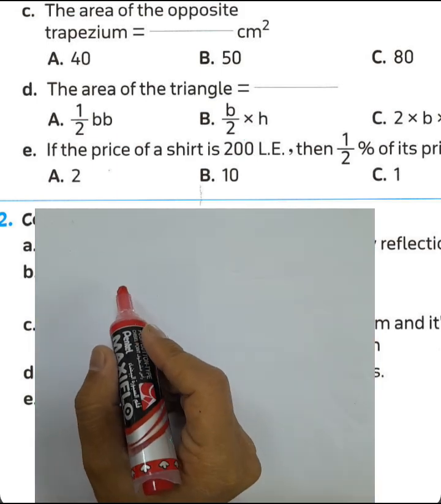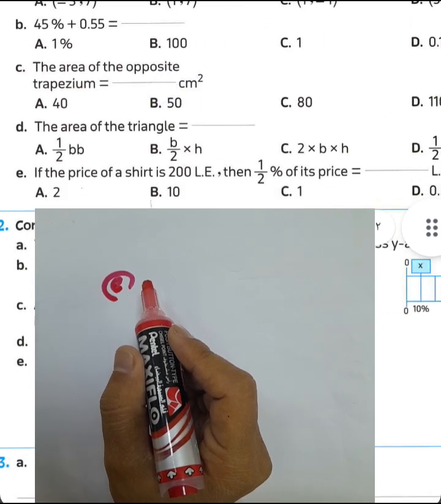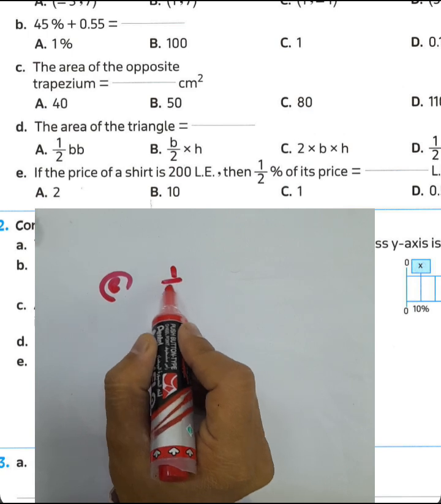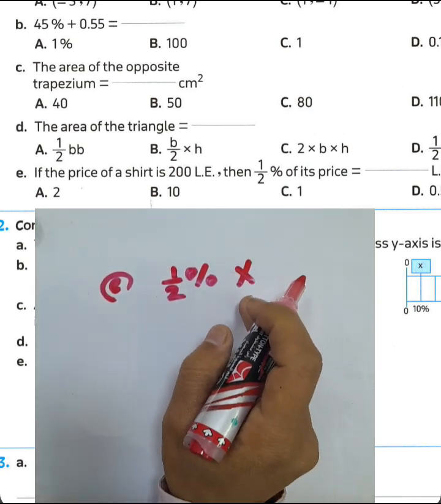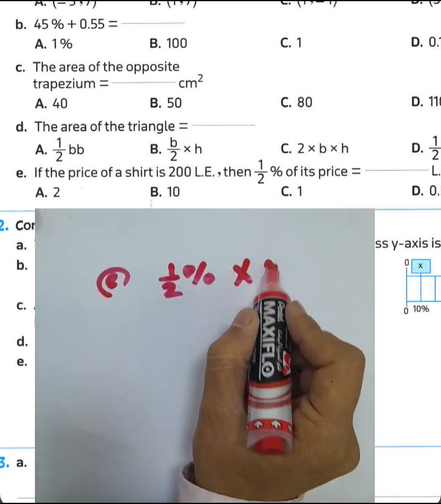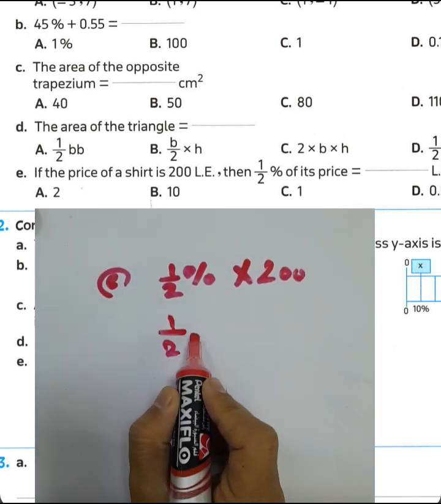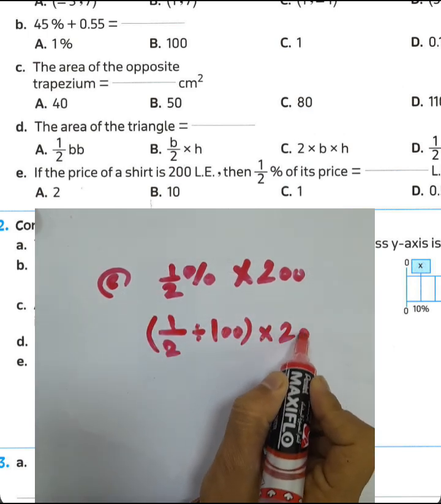Question letter E. If the price of a shirt is 200 Egyptian pounds, then 0.5% of its price, what does that mean? 0.5% of it means multiplied by 200. 0.5% means 1 over 2 divided by 100, multiplied by 200.